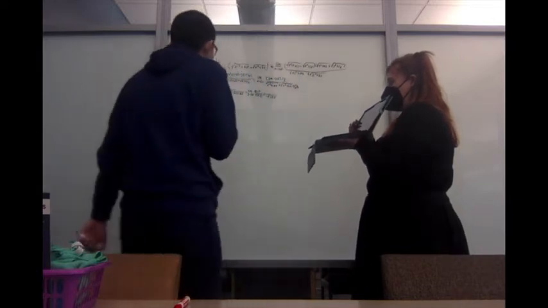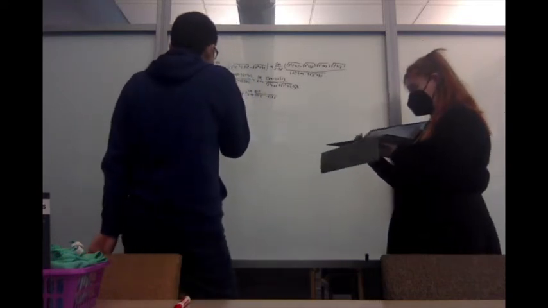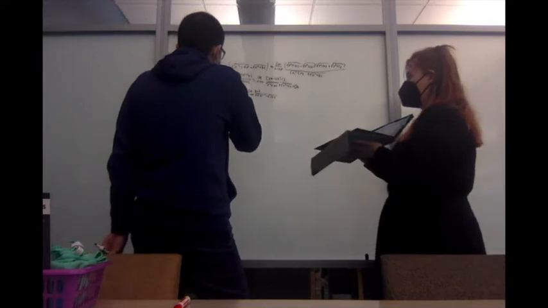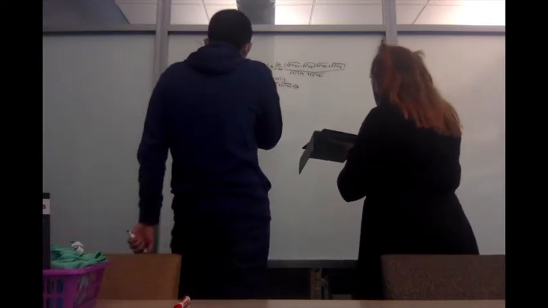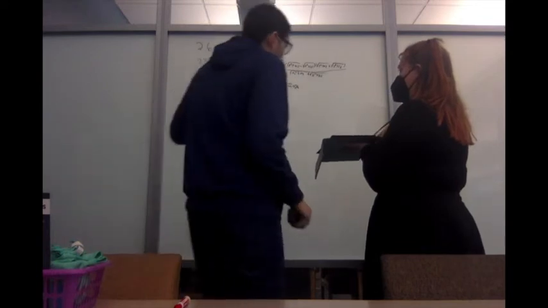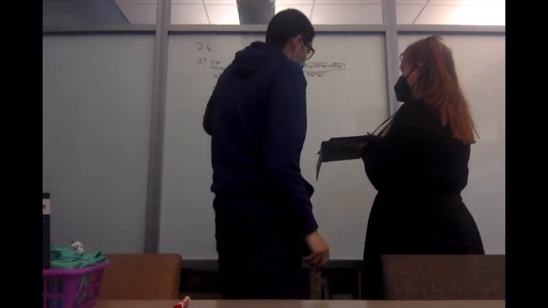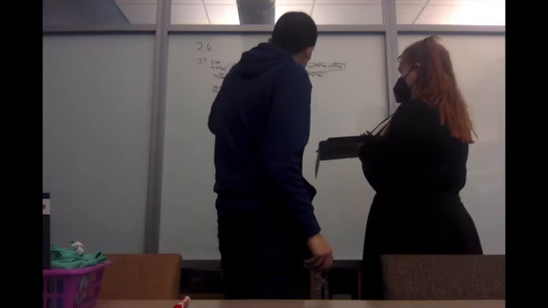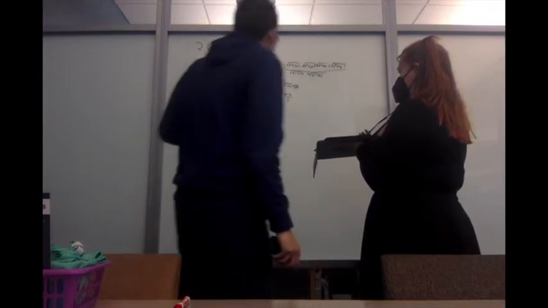Okay, let me see if I've done this right. If we make a and b zeros, you need a minus b over 2, and it would be something like this.